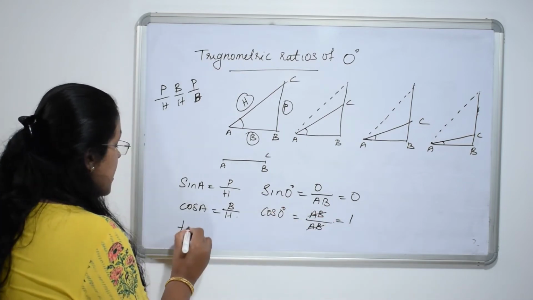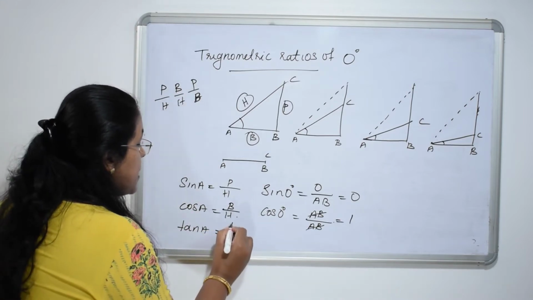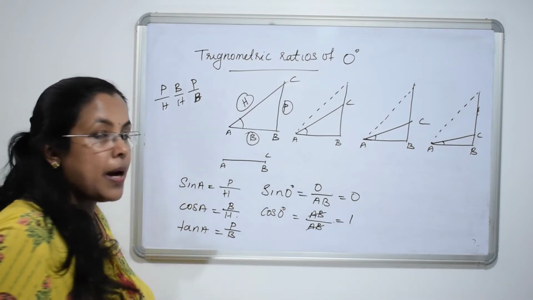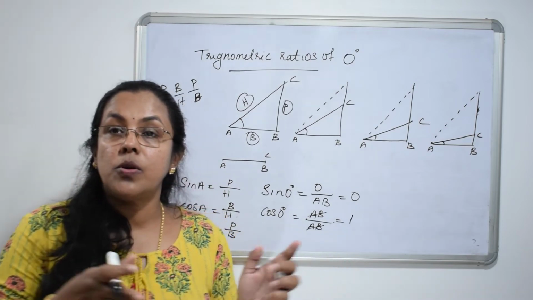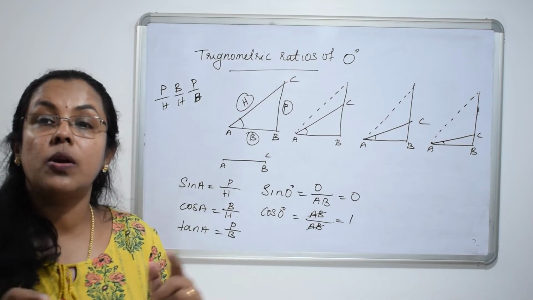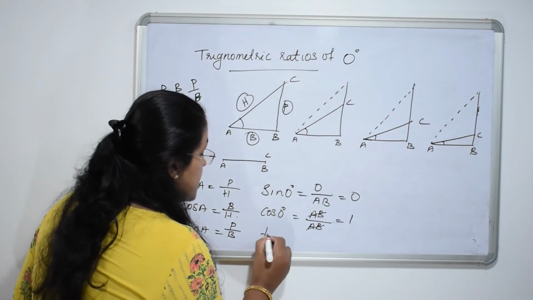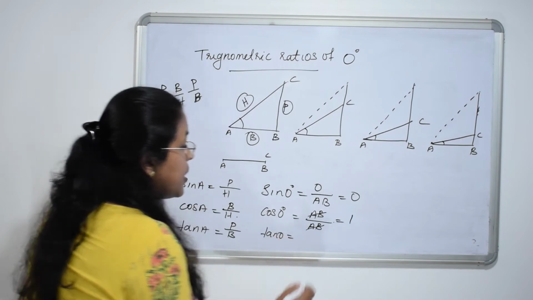Next, tan A. Tan A is perpendicular by base. When the angle approaches 0, the perpendicular also approaches 0. So what is tan 0?